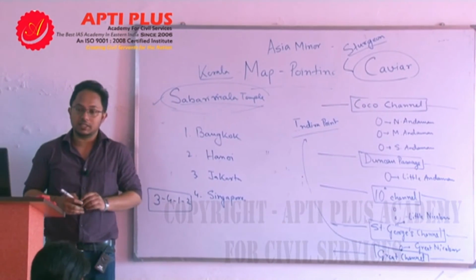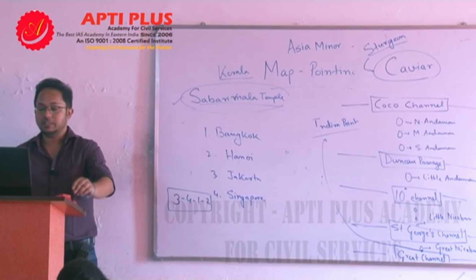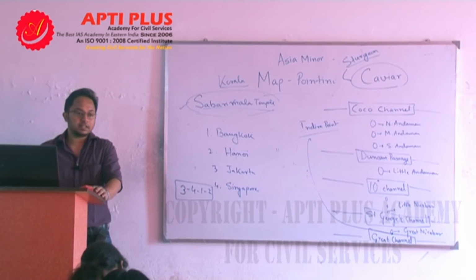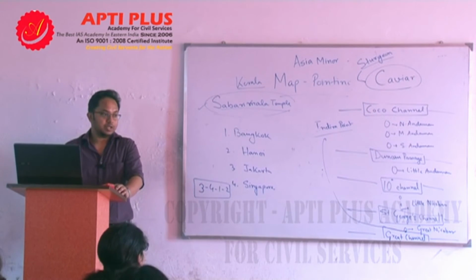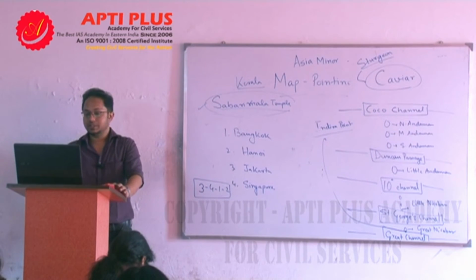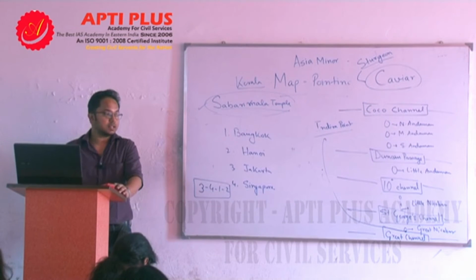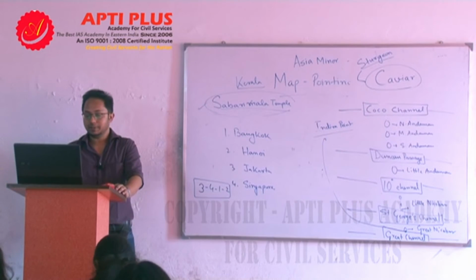Many species of sturgeon are found in the Caspian Sea, and this caviar is supposed to be one of the most expensive delicacies in the world. So this sturgeon from which the caviar is extracted is found in the Caspian Sea over here.